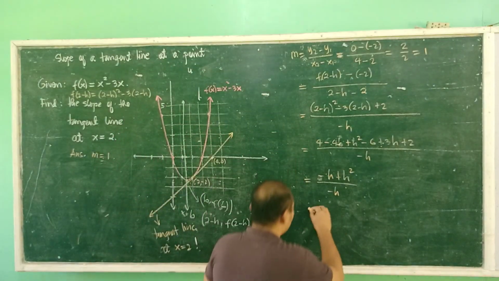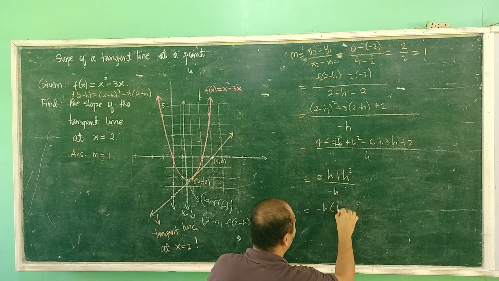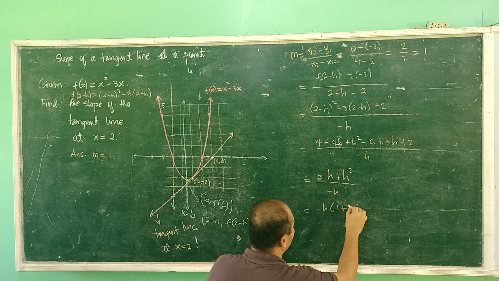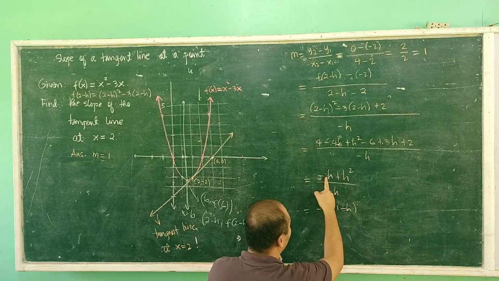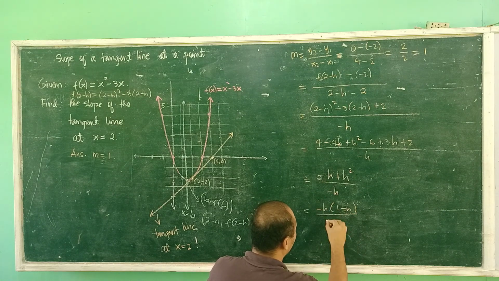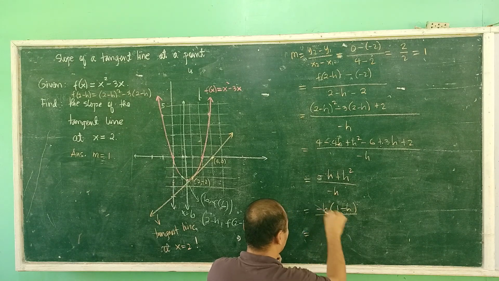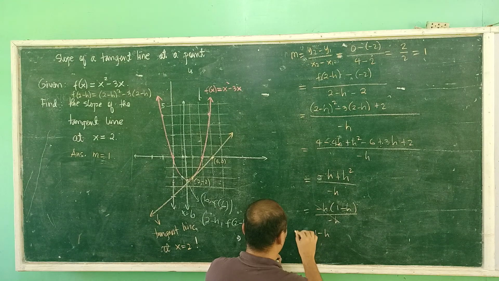You can factor out negative h, and you'll be left with 1 minus h. Because negative h times 1 is negative h, and negative h times negative h is positive h squared, over negative h. And this is just 1. So you have 1 minus h. So this is the slope.